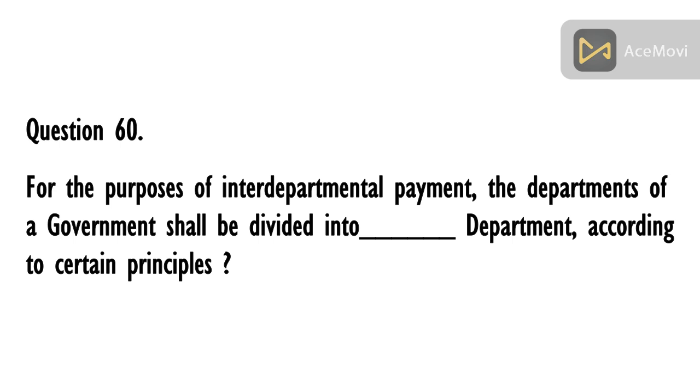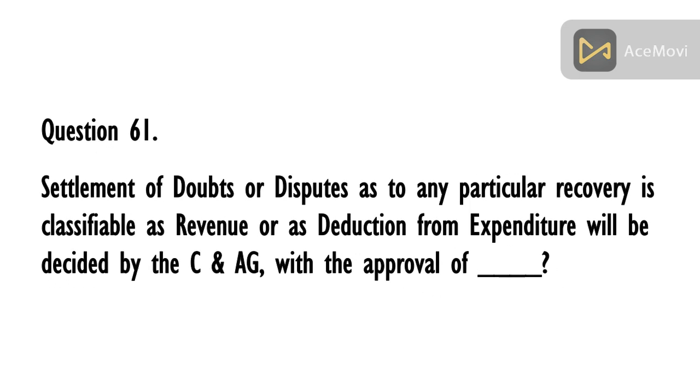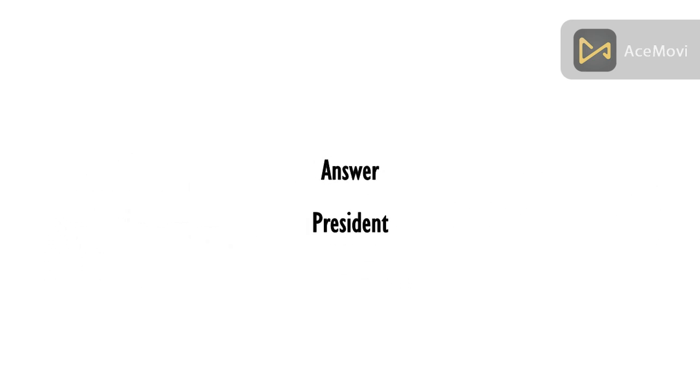For the purposes of interdepartmental payment, the departments of a government shall be divided into departments according to certain principles. Answer: service, commercial. Question 61. Settlement of doubts or disputes as to any particular recovery being classifiable as revenue or as deduction from expenditure will be decided by the C and AG with the approval of the President.